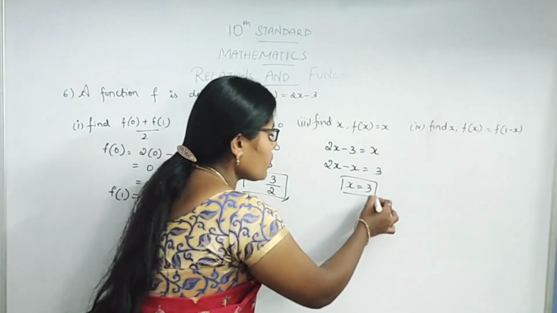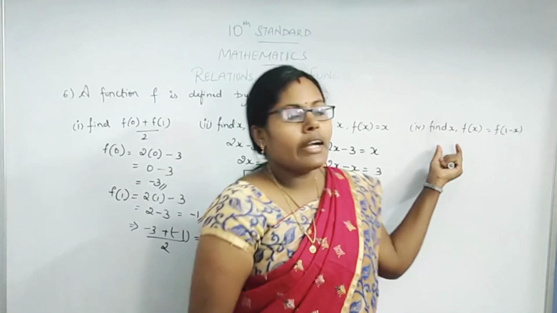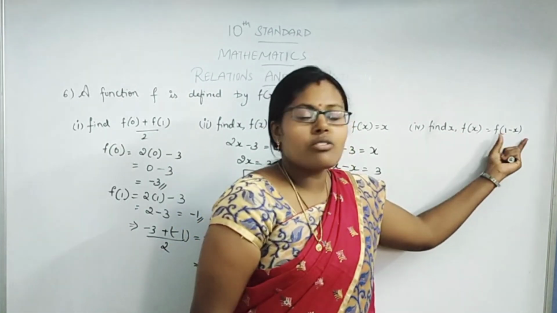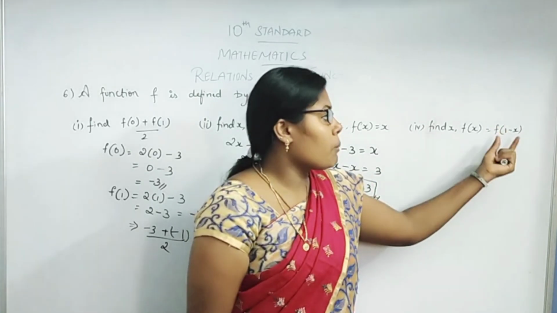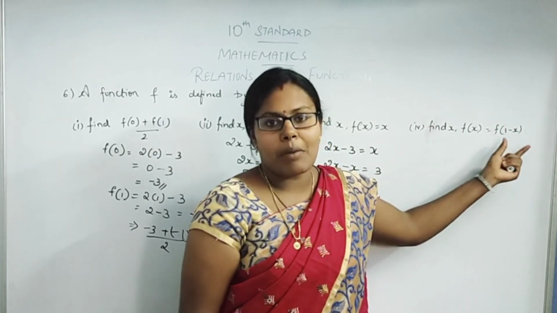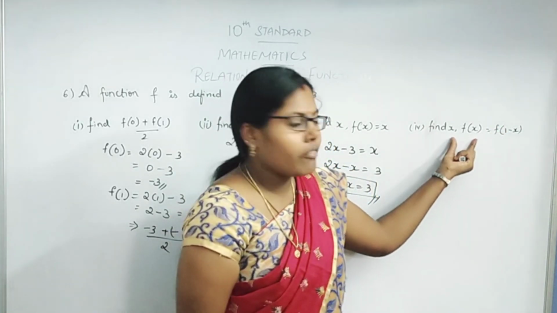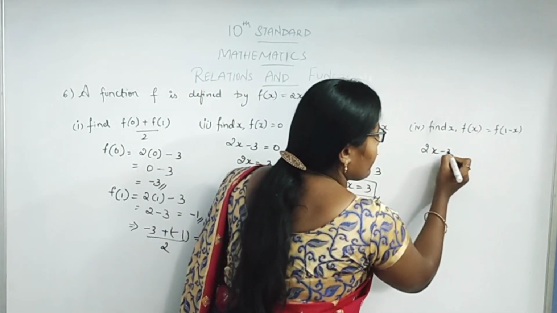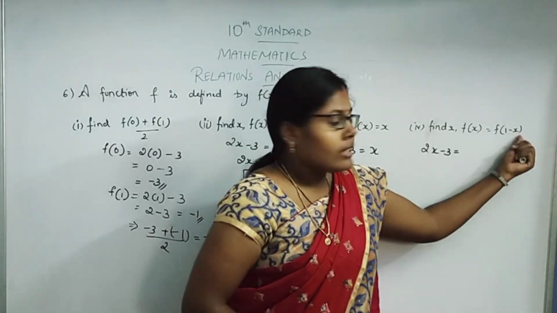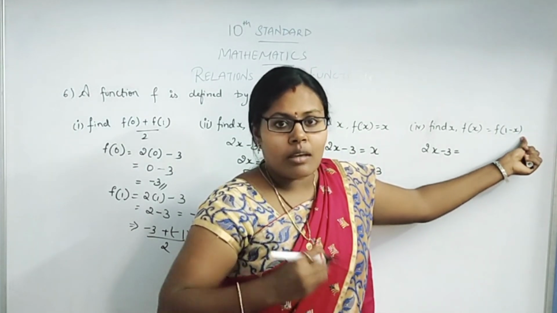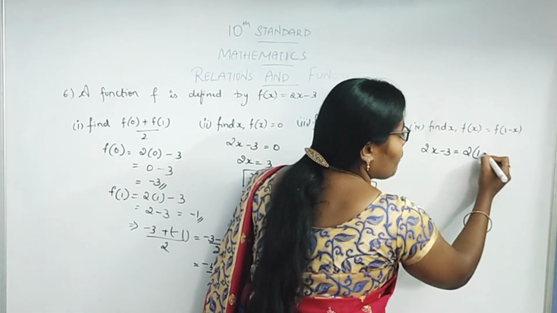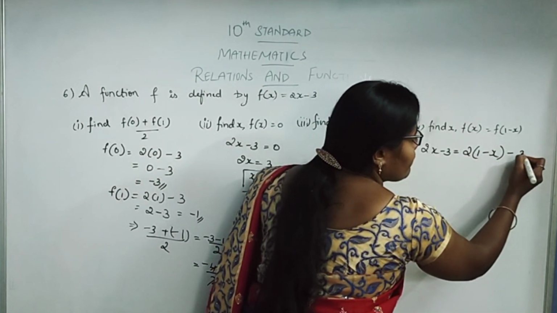Next you have to find x again, but here f of x is equal to f of 1 minus x, which means in the place of x you have to substitute 1 minus x. First, whatever you have in the f of x place, that is 2x minus 3, wherever you have x, substitute 1 minus x, so it is 2 into (1 minus x) minus 3.